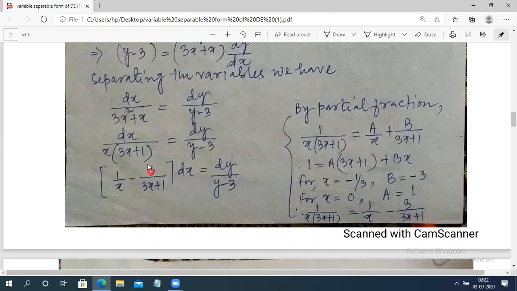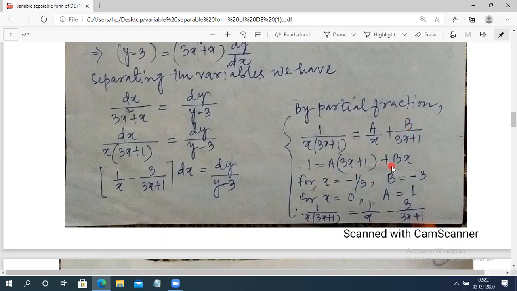If we write 1 by x(3x plus 1) as a by x plus b by 3x plus 1, this rational function can be written like this. These two functions are in the linear form, so a by x plus b by 3x plus 1. Now you can write this as 1 equal to a(3x plus 1) plus bx, taking LCM.